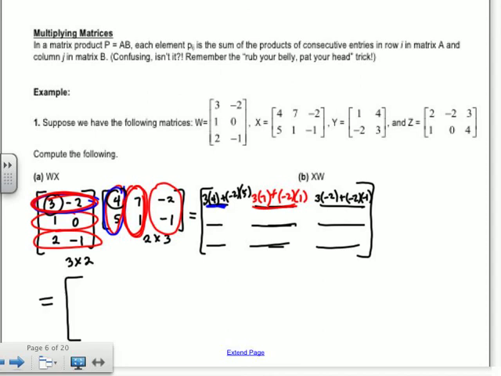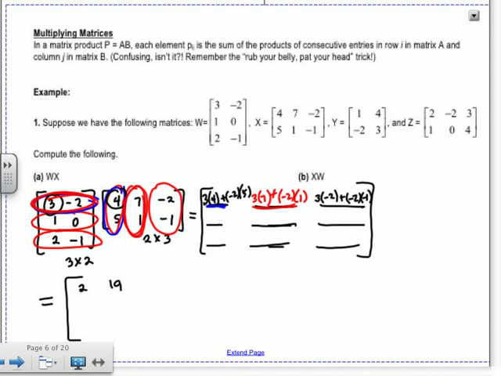So that means my top row is 12 minus 10, so 2. 21 minus 2, so 19, and then -6 plus 2, so -4. So I have 2, 19, -4 across the top.